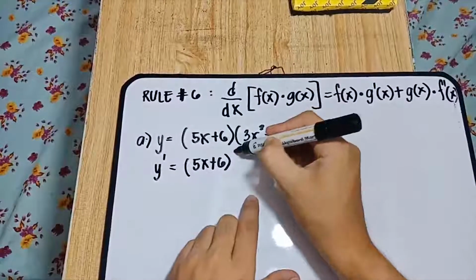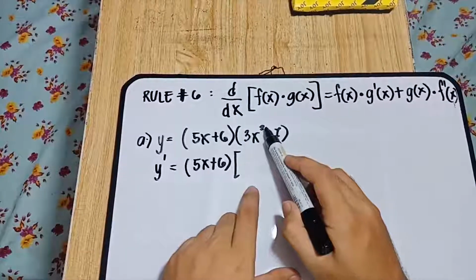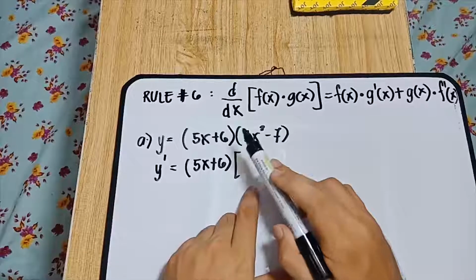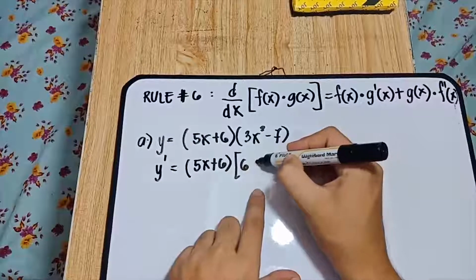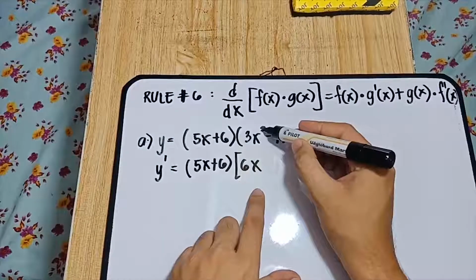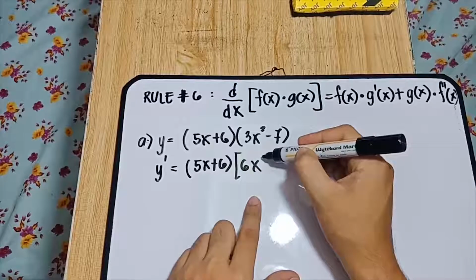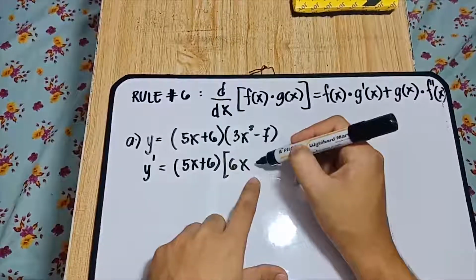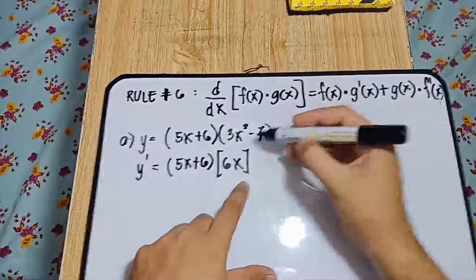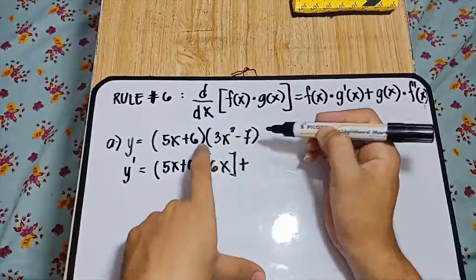So ano ba derivative niyan? So that is 2 multiplied by 3, that is 6. Then copy the x, and then yung kanya exponent mababawasan ng isa. So 1 na lang 'yon. Hindi ko na isusulat. Minus 0. So hindi ko na isusulat doon. Plus, copy the second term.